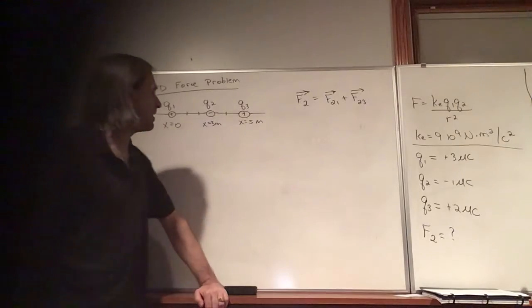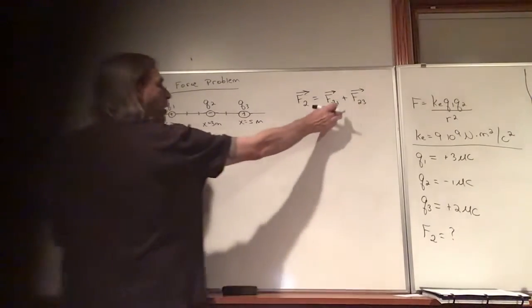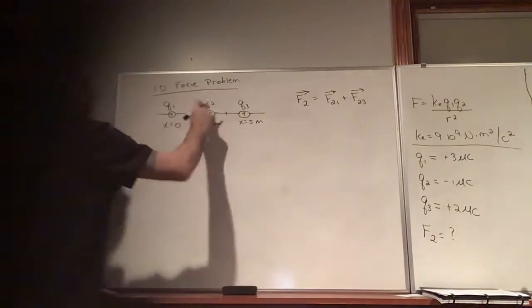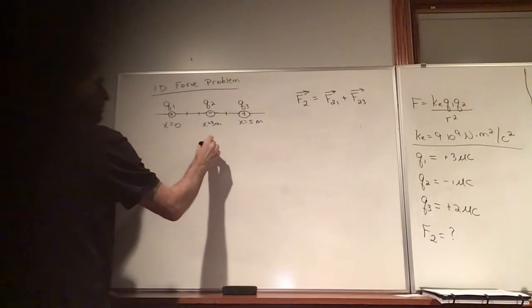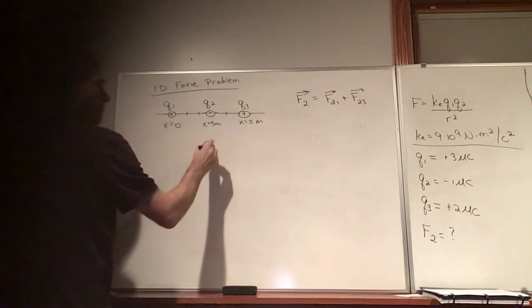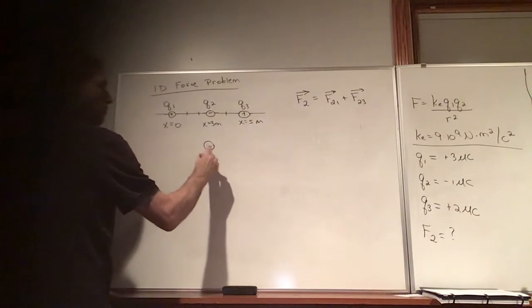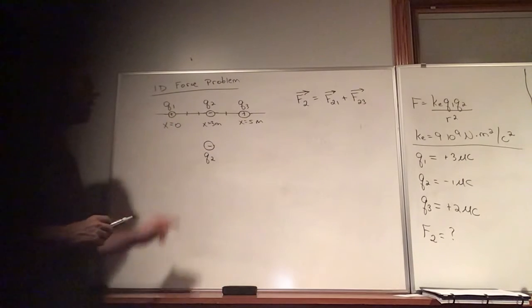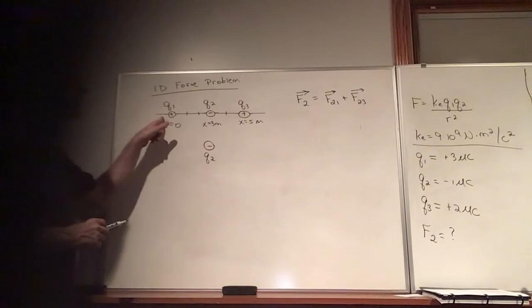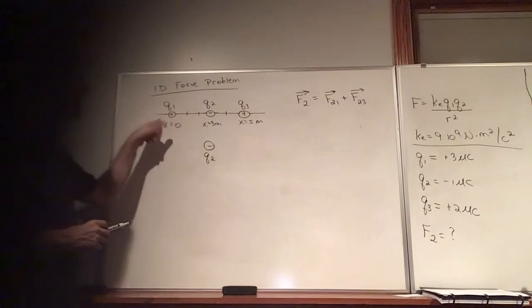So let's look at F21 first. So here's Q2. I'm going to actually write this. Here's like a free body diagram. This is Q2. So the force of interaction between charges 1 and 2, well, charge 2 is attracted to charge 1 because it's negative.